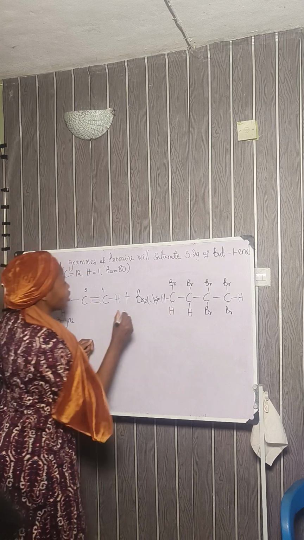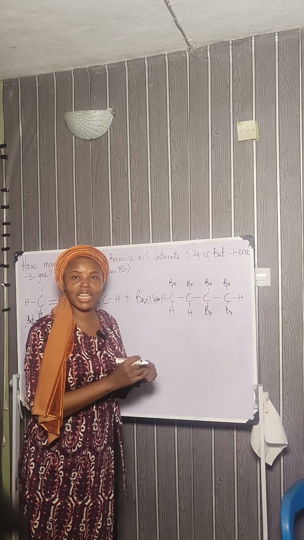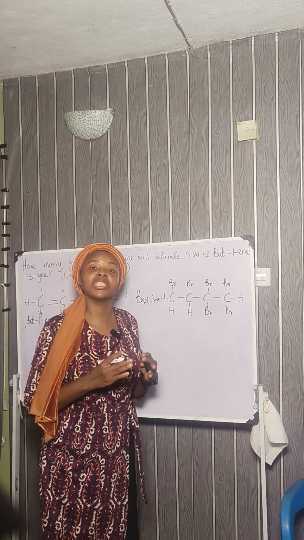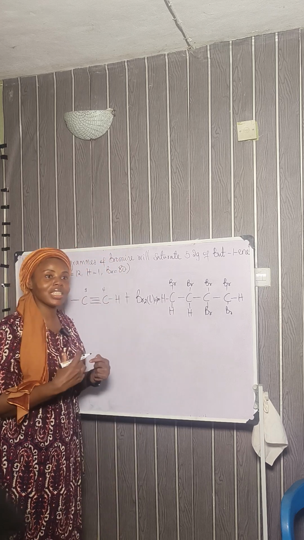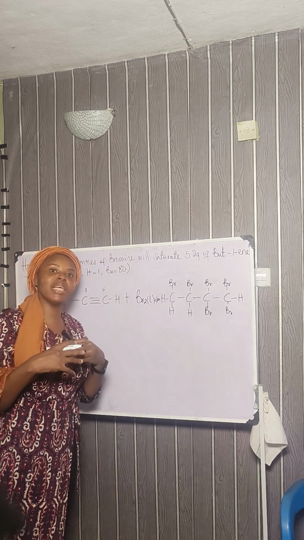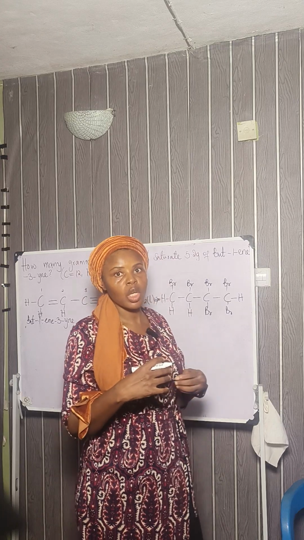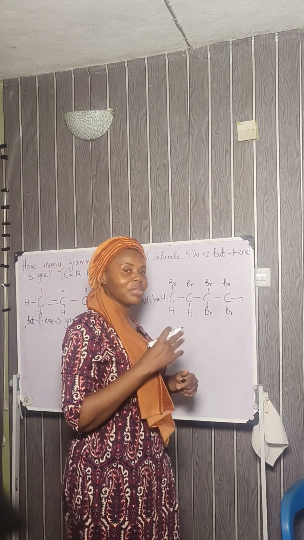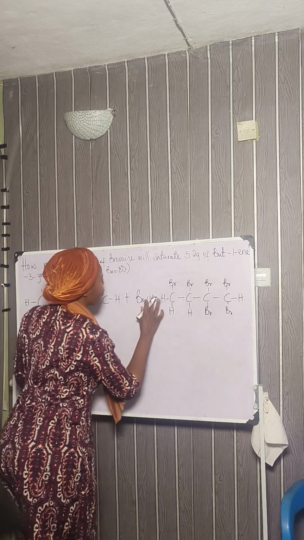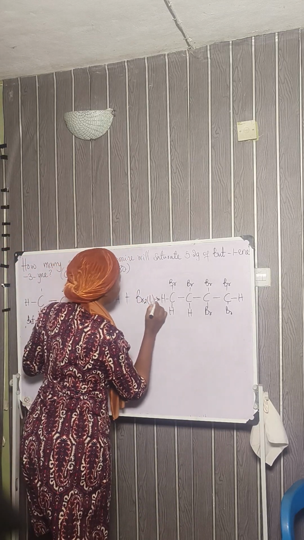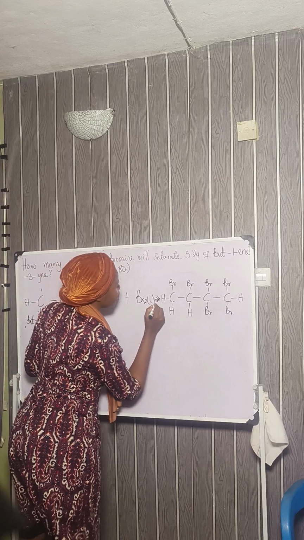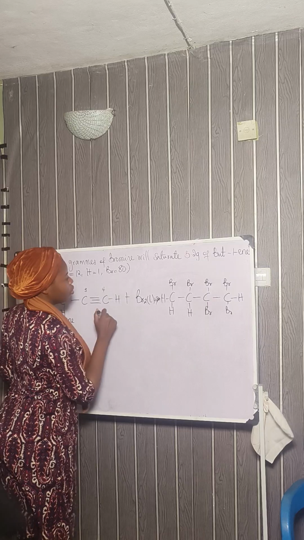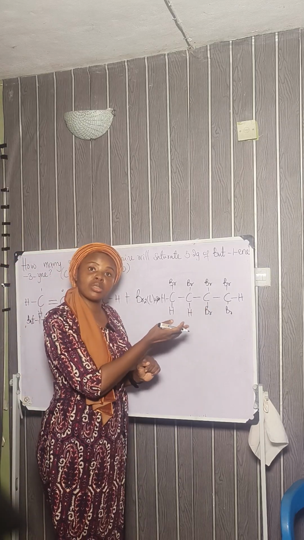So for this reaction to be balanced, like I said, anytime you're writing your equation of reaction, the equation must be balanced. The number of atoms in the product side must be equal to the number of atoms in the reactant side. So if this is our equation of reaction, this plus this to give this, this is 6 and this is just 2. What do I do to 2 to make it 6?